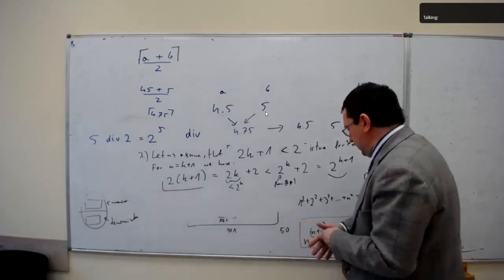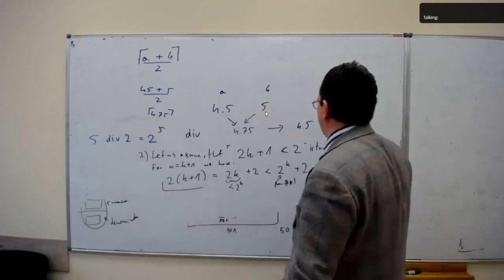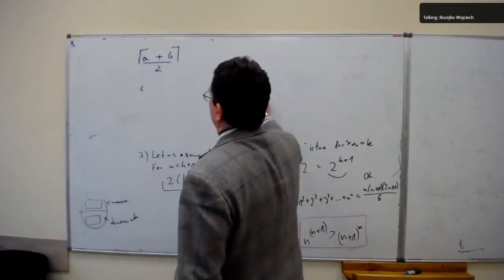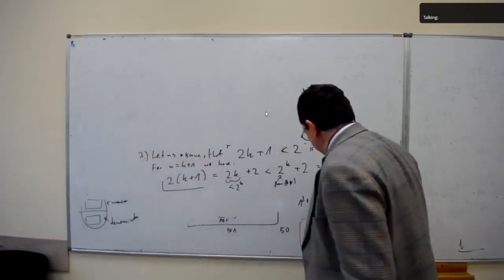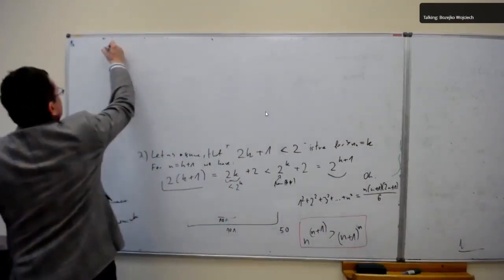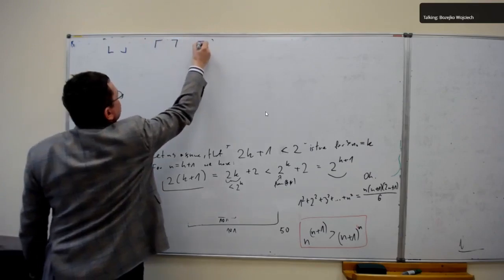Sometimes we would like to make a discrete set like this, not 4.75, but just 4 or 5, or 4.5 if you want. But generally, mainly we have three such functions: floor, ceiling, and entier.